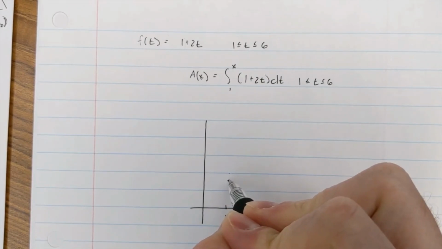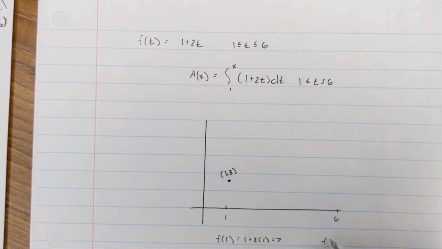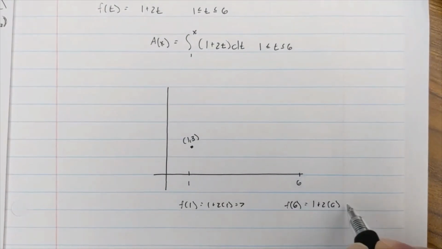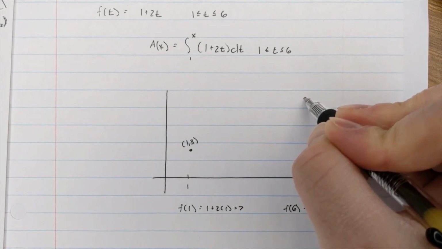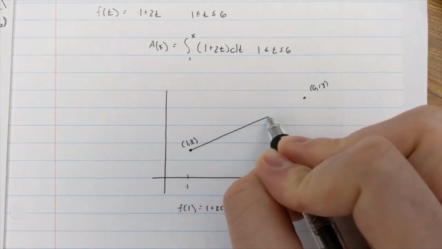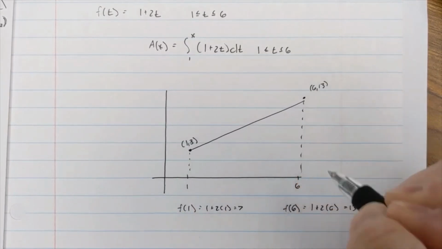So there's some point here at 1 comma 3. And then at 6, I can figure out the y value there as well, which is 1 plus 2 times 6, which is 13. So there's some point up here at 6 comma 13. And it draws a straight line connecting them. So the accumulator function is used to calculate the area below the curve.